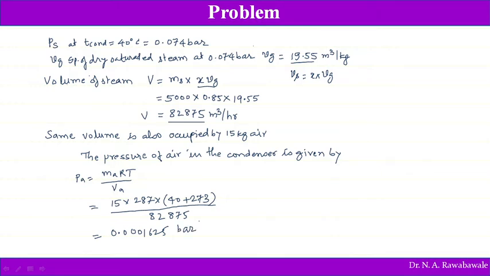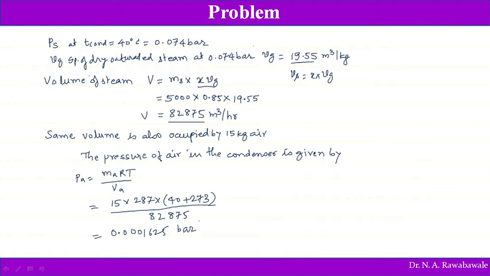So let us just recalculate this. 15 into 287 into 40 plus 273 divided by 82875.